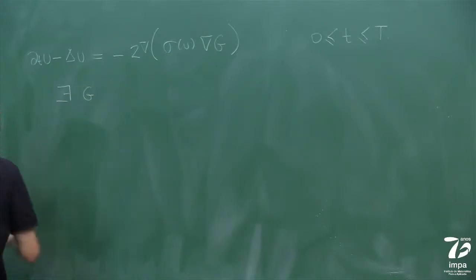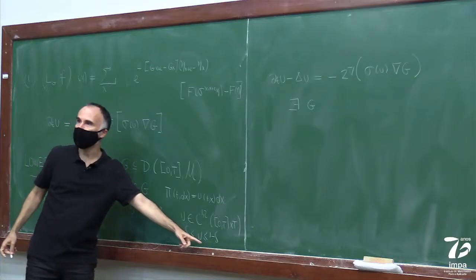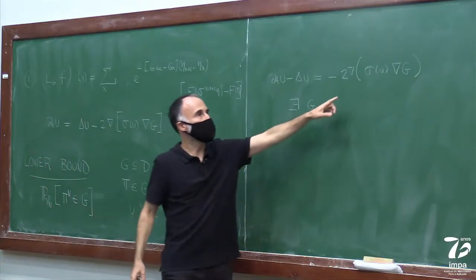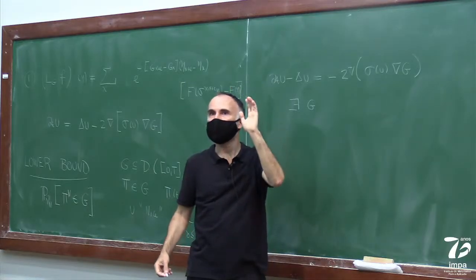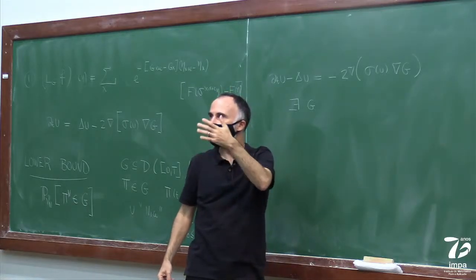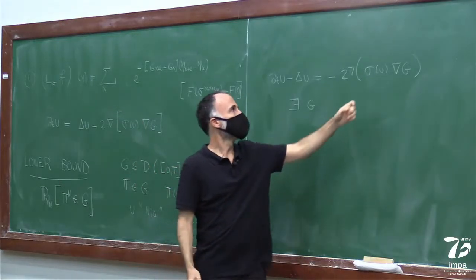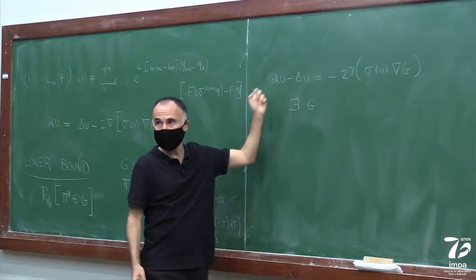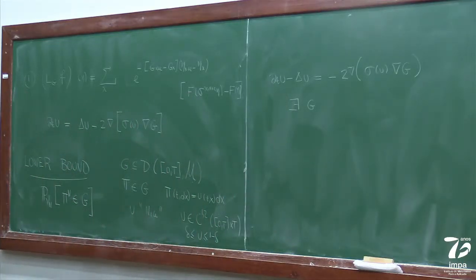And why did I ask u to be between delta and 1 minus delta? Because sigma of u, if you remember, is u times 1 minus u. So if u is between delta and 1 minus delta, sigma is between delta prime and 1 minus delta prime. So it's not 0, and therefore I can divide, just to make sure that there exists a solution g for that.